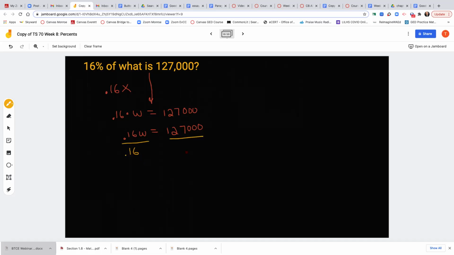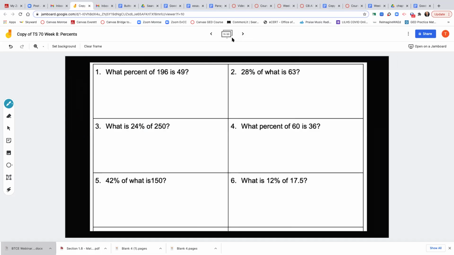And what that does is it cancels out the 0.16s. This is now canceled out. So you get W equals, and then you would just calculate the answer. You would divide 0.16 into 127,000. So we're having a little bit of fun with algebra, but we're also doing percents.